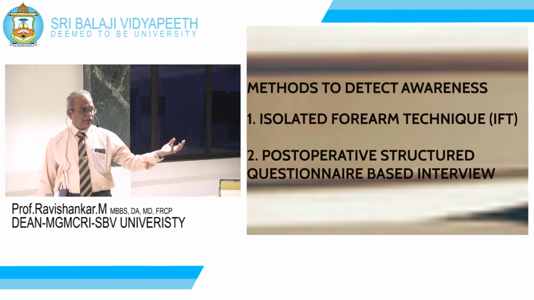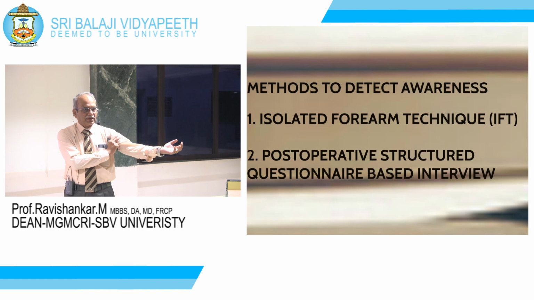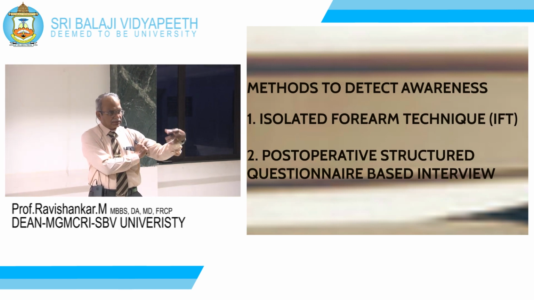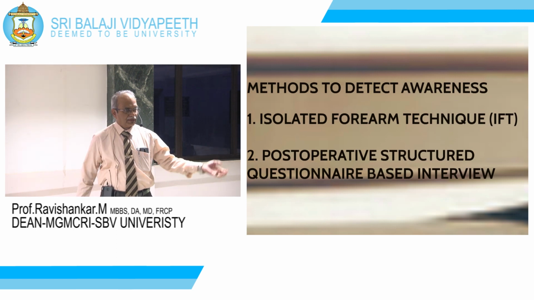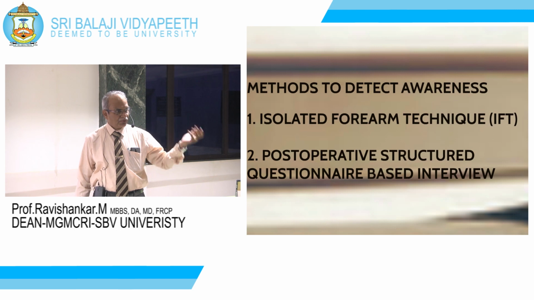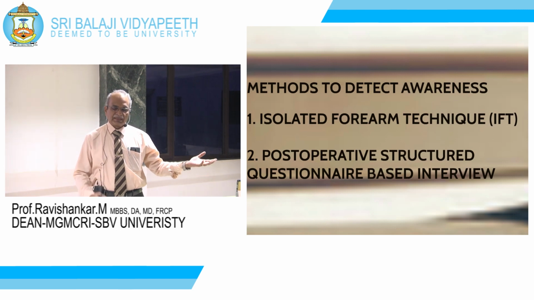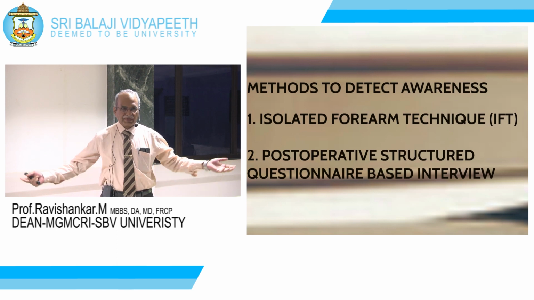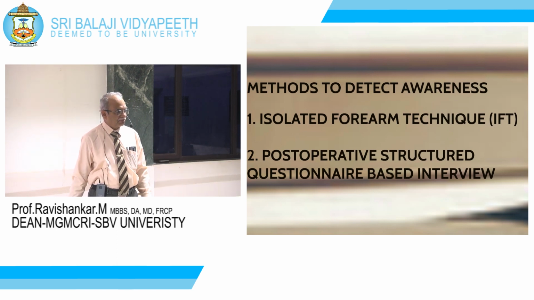Because this hand is not affected by the relaxant, the patient will be able to respond with it. If you say move your hand, the patient might move the hand. Or when the incision is made, there could be a purposeful movement of the hand. When the patient is totally paralyzed, all this cannot happen.